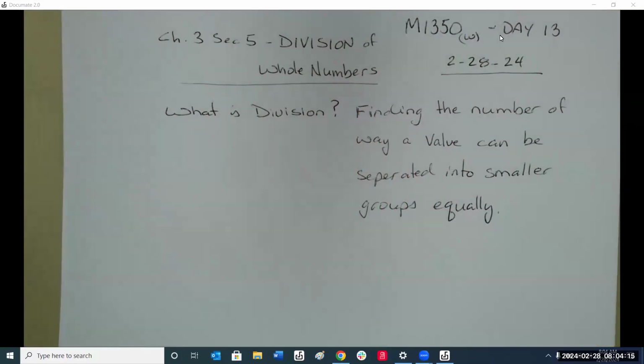Division is a process of finding the number of ways you can divide something or separate it into smaller groups.